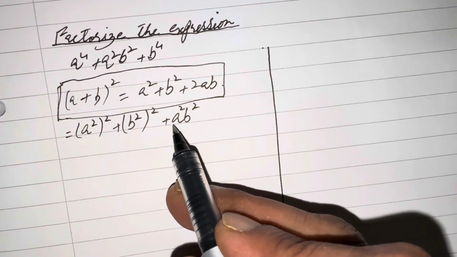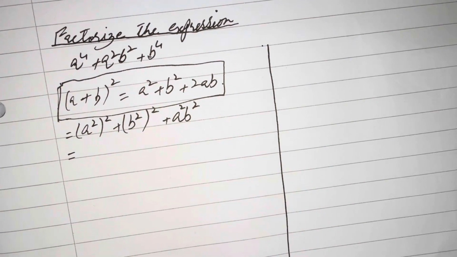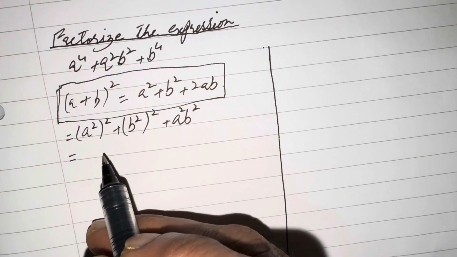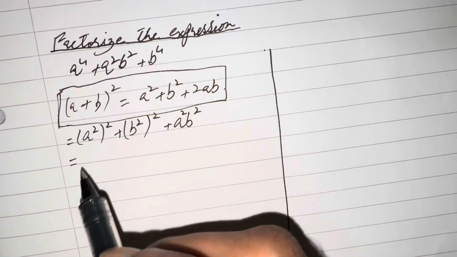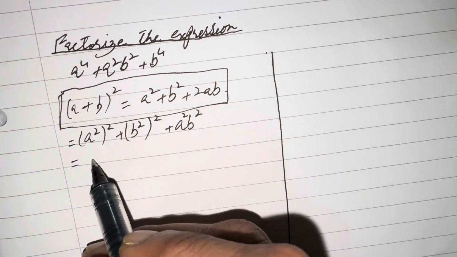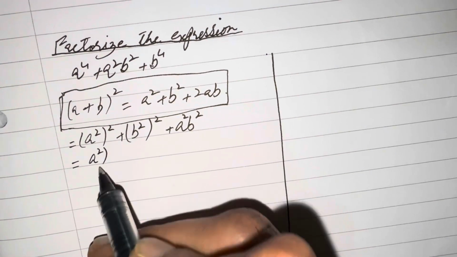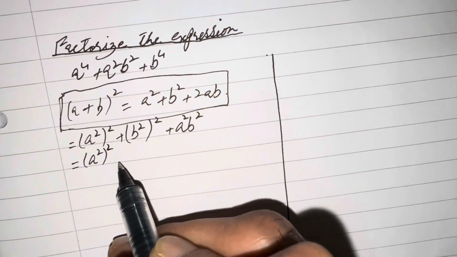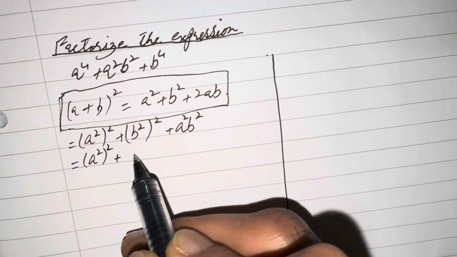So what we're going to do is make the formula, or complete the square, by adding and subtracting something. So the square of first plus square of second.